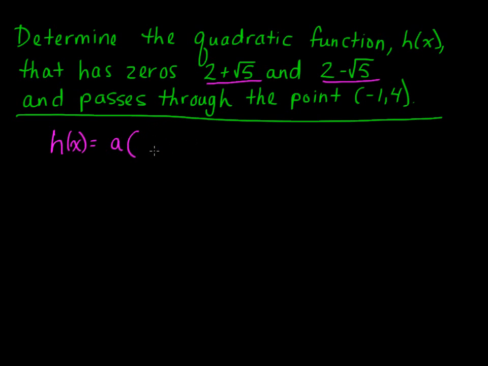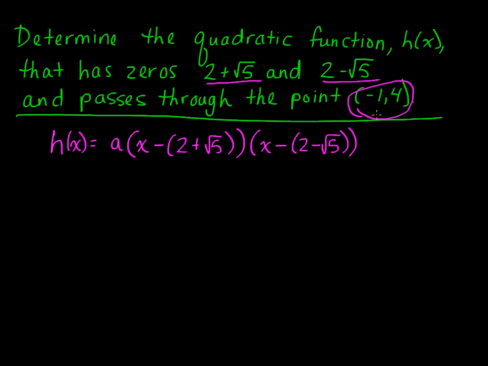The first zero is 2 plus root 5. And so in the brackets in factored form, we're going to have x minus, in brackets, 2 plus root 5, right, which is the first zero. And in the second bracket, we're going to have x minus the second zero, which is 2 minus root 5. We're also given information about this point, negative 1, 4, which would be on this parabola.